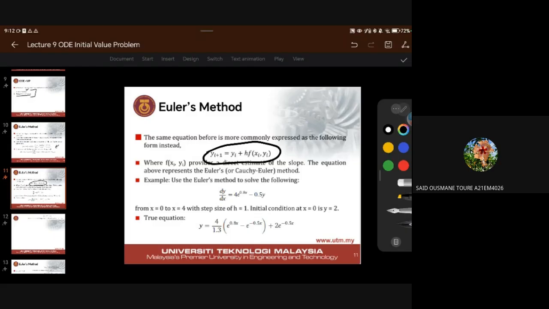Here, for example, use Euler's method to solve the following: dy over dx equals 4e to the power of 0.8x minus 0.5y. Do you have x and y on the same side here as unknowns? Y here and x. Can you see them?